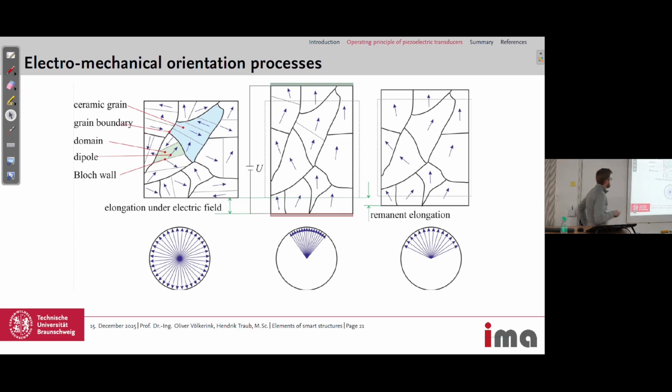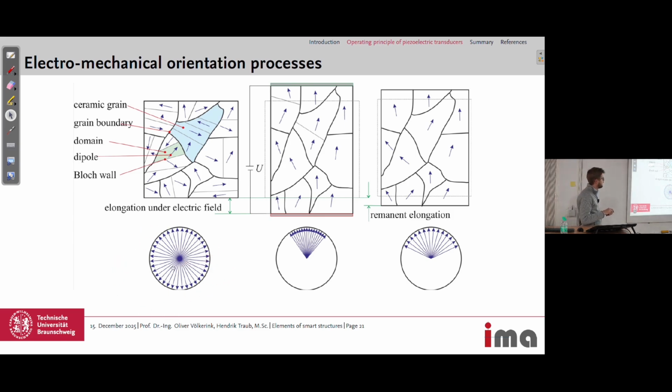We also have another type of figure for this, just to visualize the process. So we have these circles with the arrows for the polarization orientation, which is randomly distributed after the spontaneous polarization.